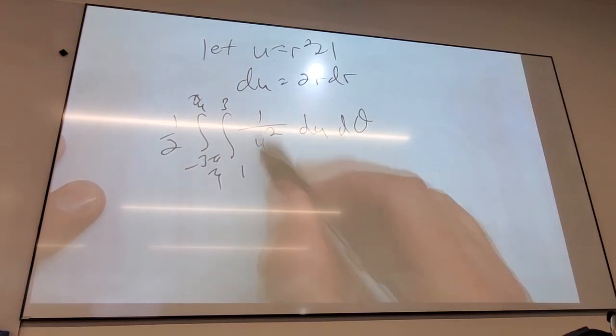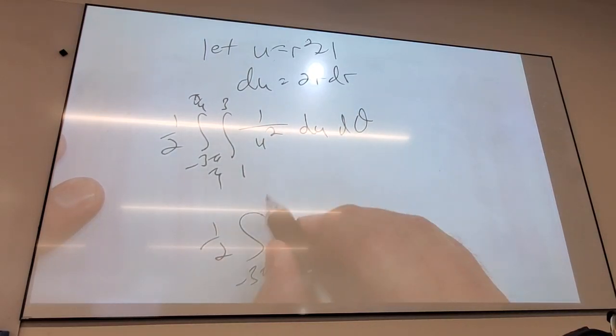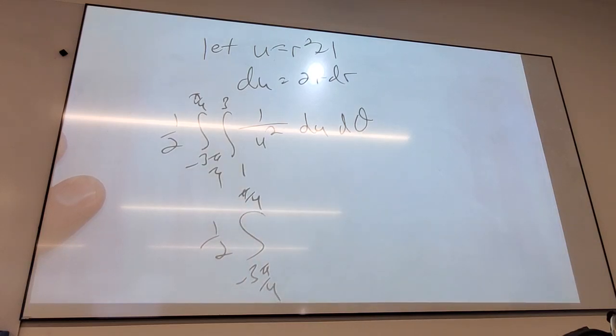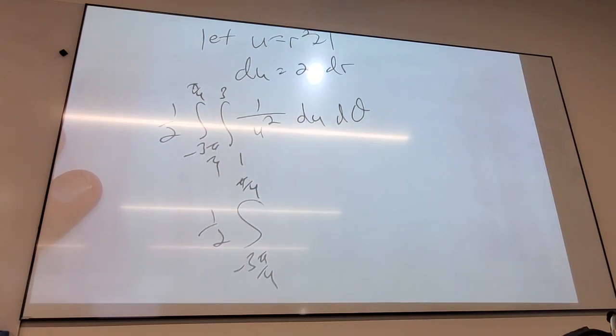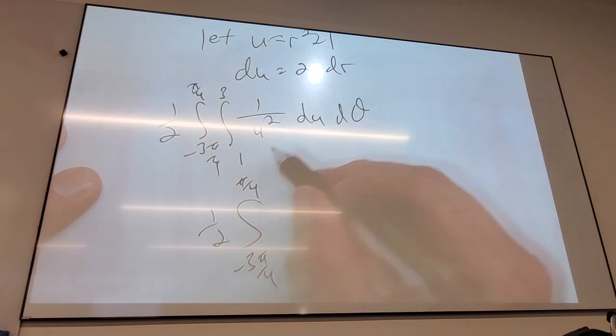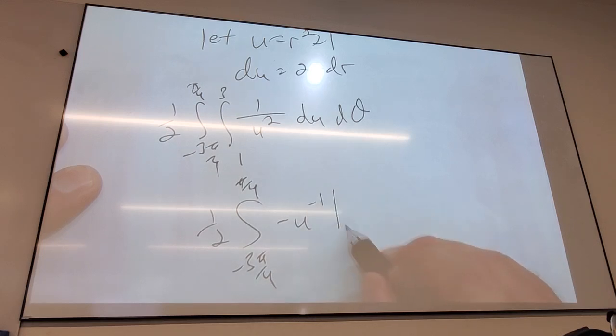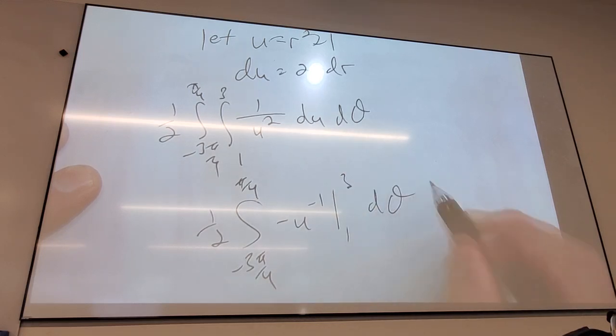So how do I integrate that? You change it to u to the negative 2. And then how do you integrate that? Add 1 to the power and divide by the power. So you get negative u to the negative 1 from 1 to 3, which is 2/3.